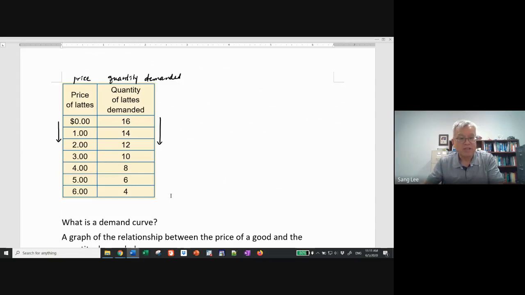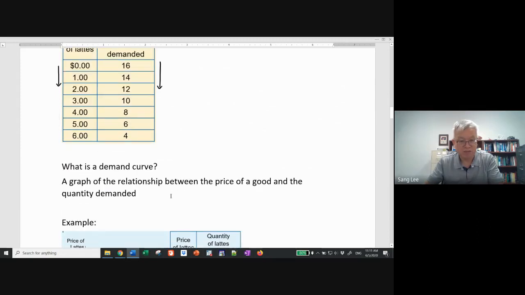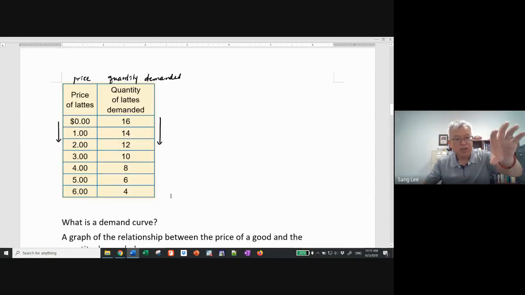Now, what is a demand curve? Simply, demand curve is a graph that depicts the relationship between the price of a good and the quantity demanded of the good. So simply speaking, we are representing the information in this table, demand schedule, in a slightly different way.